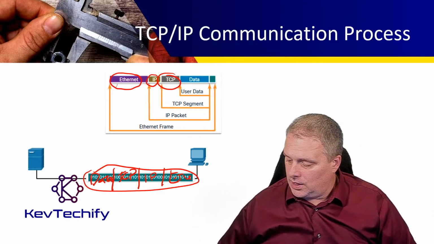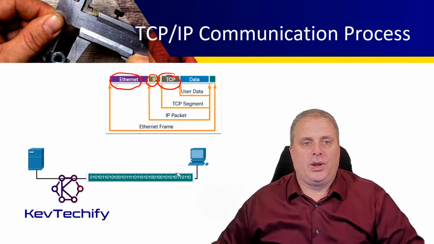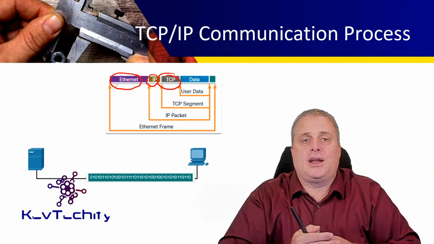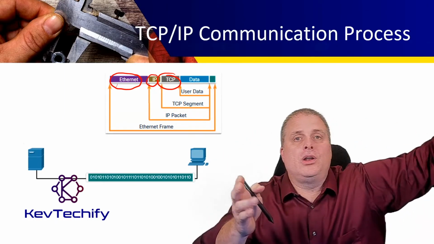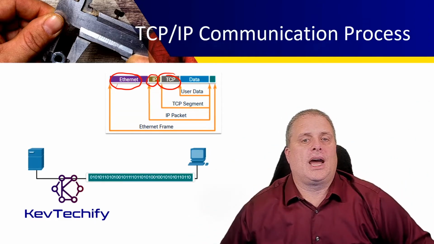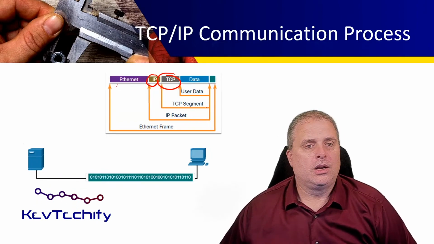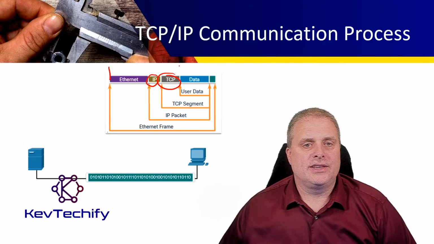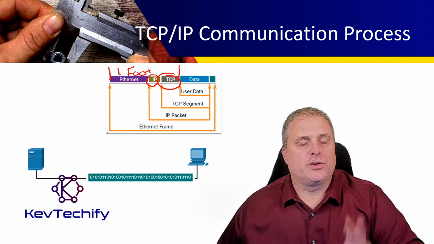Now, this down here isn't necessarily drawn to scale. We have the Ethernet header, the IP header, the TCP header. If that was this long in 1s and 0s, the data would probably be out another 100 yards longer. The data is a lot longer than what we show in these diagrams. Looking at these 3 headers, let's say this is 1 foot long, just for an example.